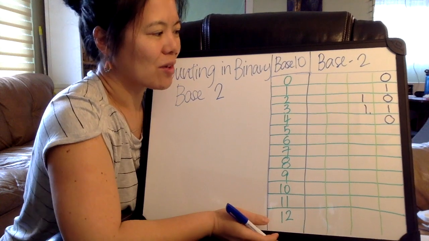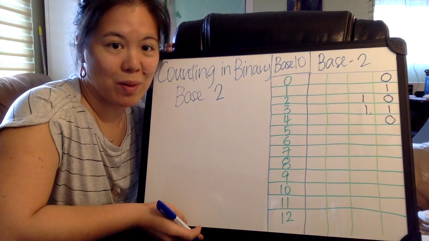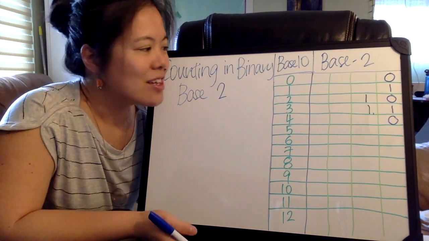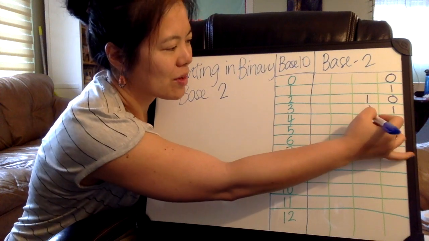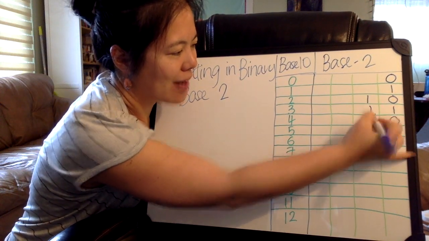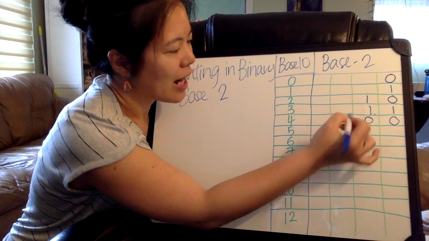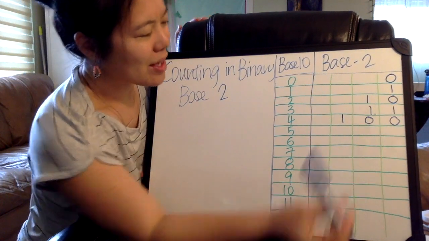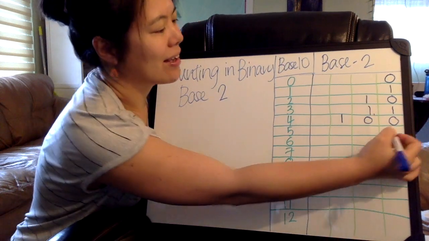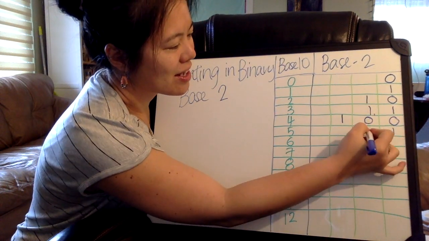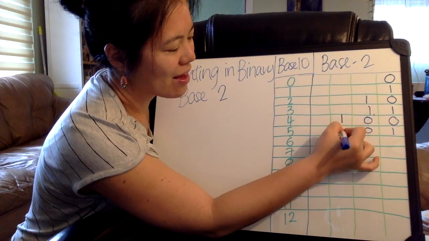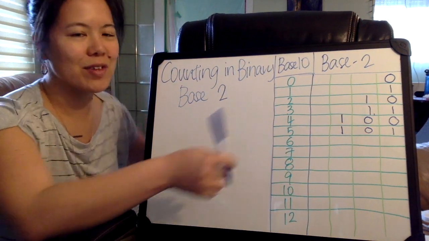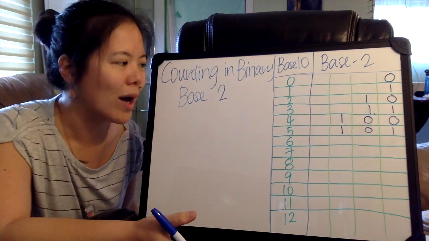That means, wait, now you get 1 plus 1, and then that's 2 again. So you have to bring down 0 and carry 1 over. And you get 1, 0, 0. So now you add 1 again. Well, this part is not too bad right there. So you can see 5 is represented as 101.